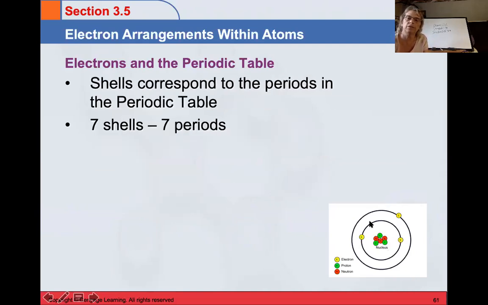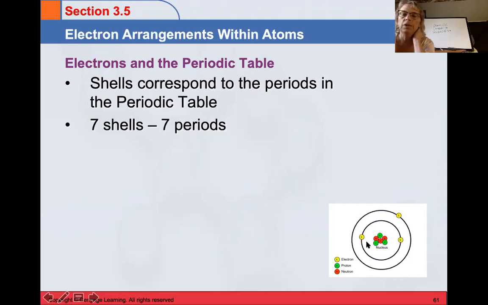So the shells in this diagram actually correspond to the periods in the periodic table. So these two electrons would be occupying the first period in the periodic table. And this electron would correspond to the second period in the periodic table.